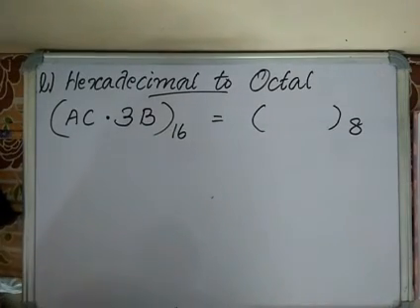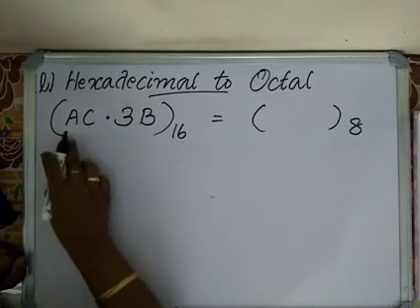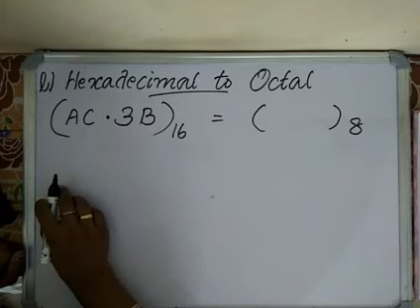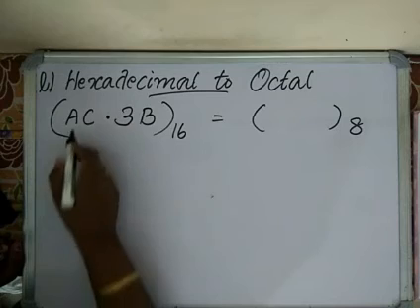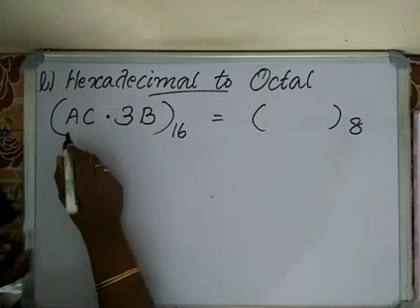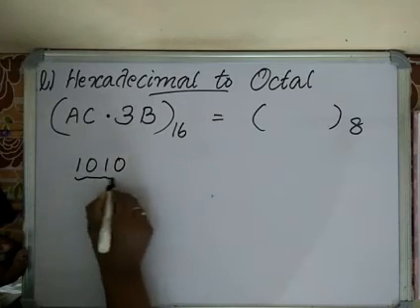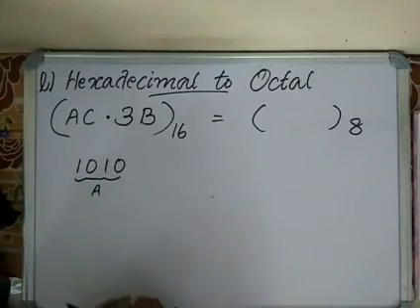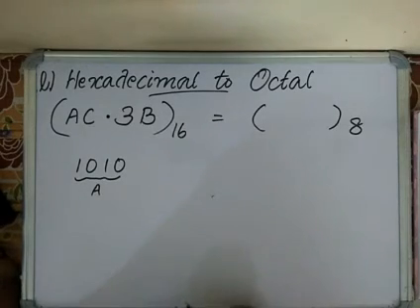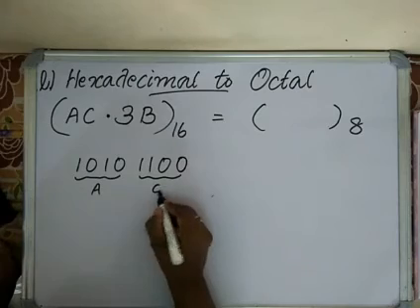Okay, the last conversion is hexadecimal to octal conversion. Consider the example AC.3B. The procedure is, the first step is we have to write the binary equivalent of each hexadecimal digit. So A represents 10. So 1010 is the binary equivalent of A. C represents 12 and its binary is 1100.